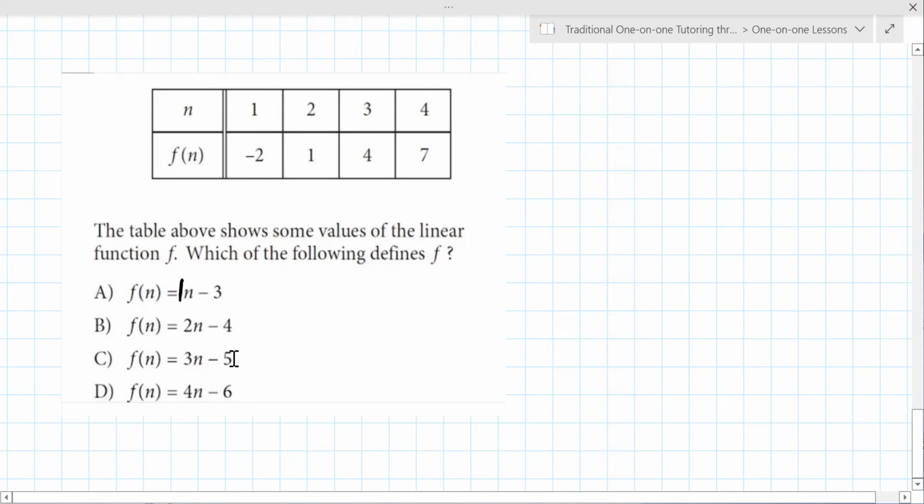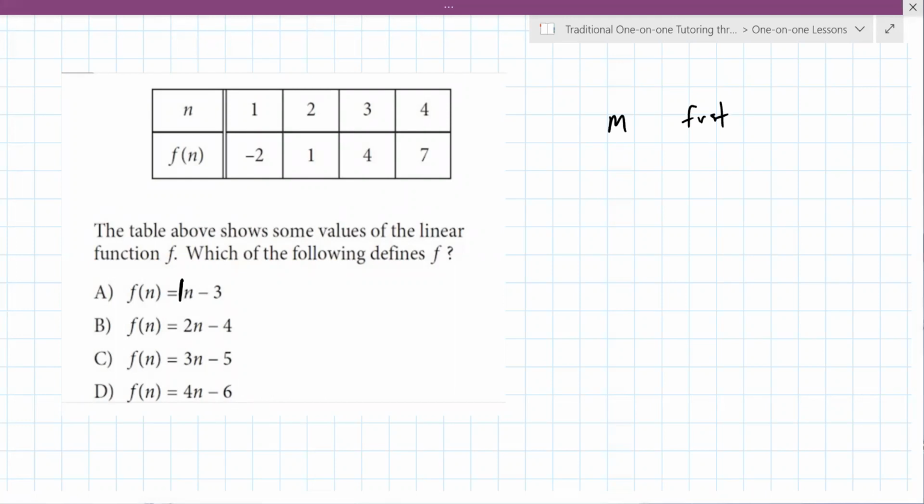It goes up by 1. And the b values as well. But we always find the slope first. So you don't need to actually find the equation, you just need to find the slope.